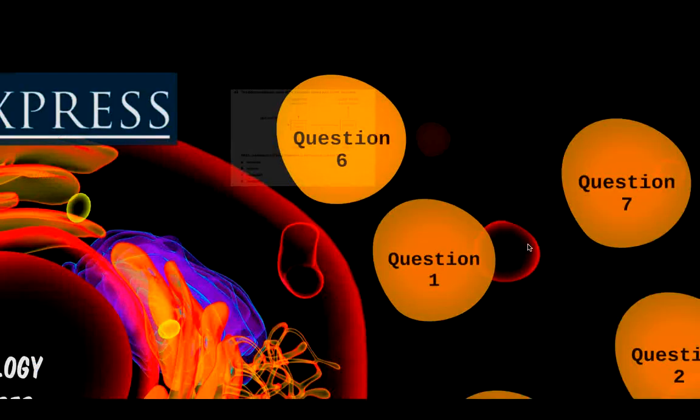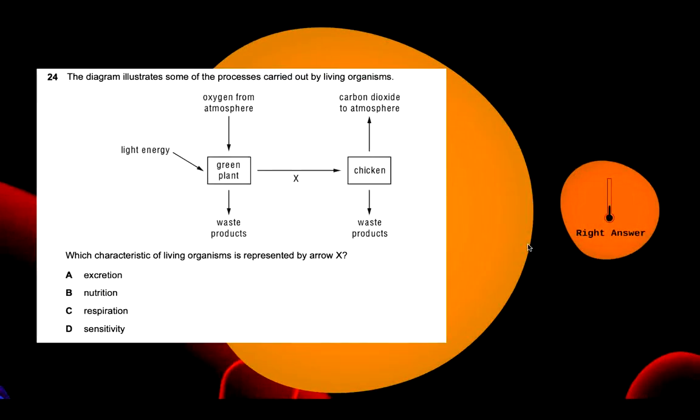Next question is 6. The diagram illustrates some of the processes carried out by living organisms. Which characteristic of living organisms is represented by arrow X? So we have here a green plant and we have here the specific arrow with an X on it. Now the question is asking what specific process this is, which was transferred from the green plant to the chicken.